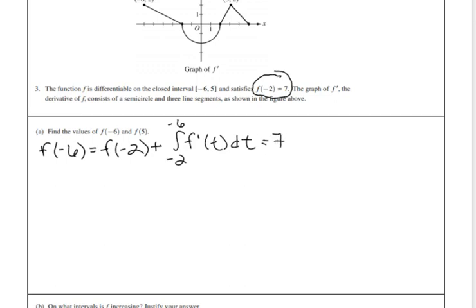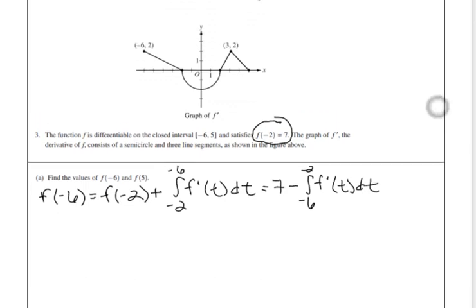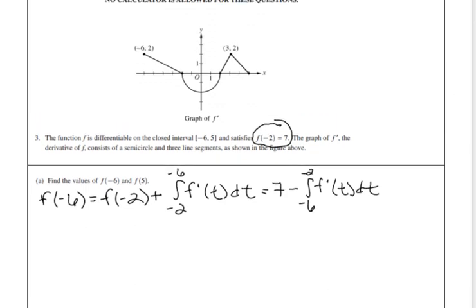And let's see, -2 to -6 is backwards, so I'm going to make it minus the integral from -6 to -2 of f prime of t dt. And so now we need to look for the area. So from -6 to -2 means we're going to be looking at this triangle in here.